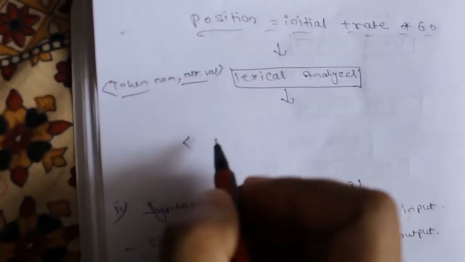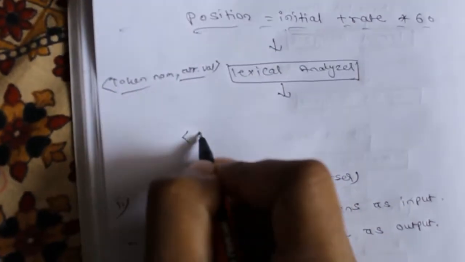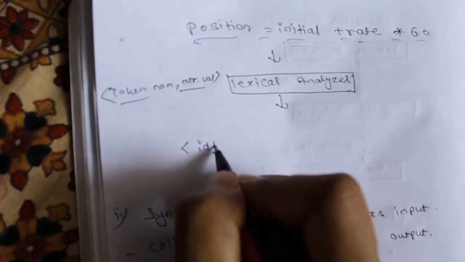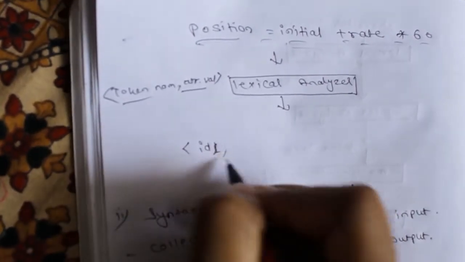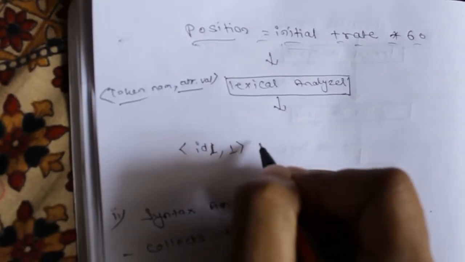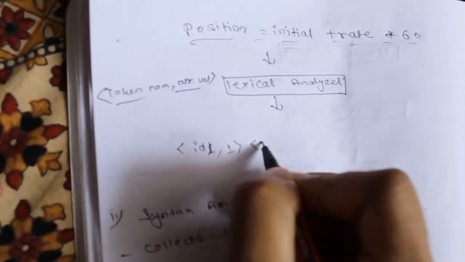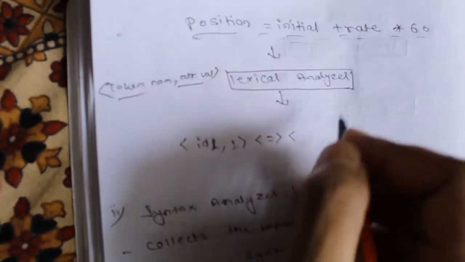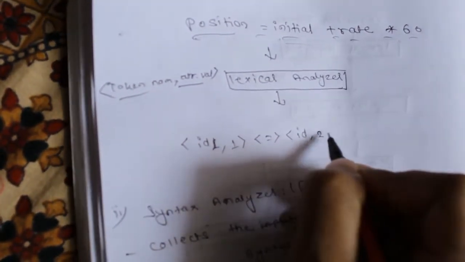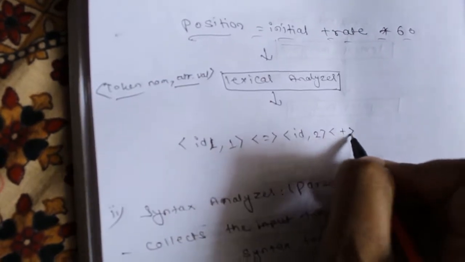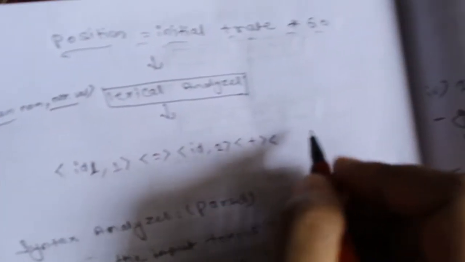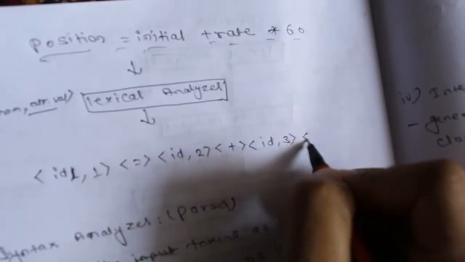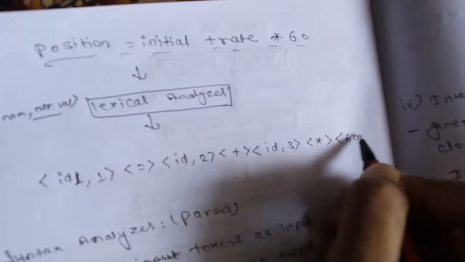Now position, we can take it as a token with the name id and attribute value 1, so id comma 1. Again this is the assignment operator. Then this identifier, we can take it as id comma 2. Then the operator. Here we treat it as id comma 3, and then 60.